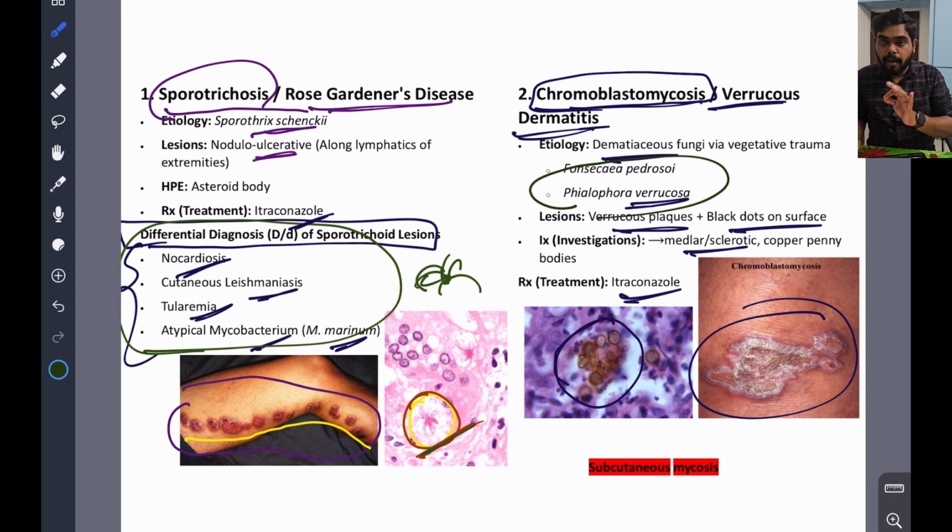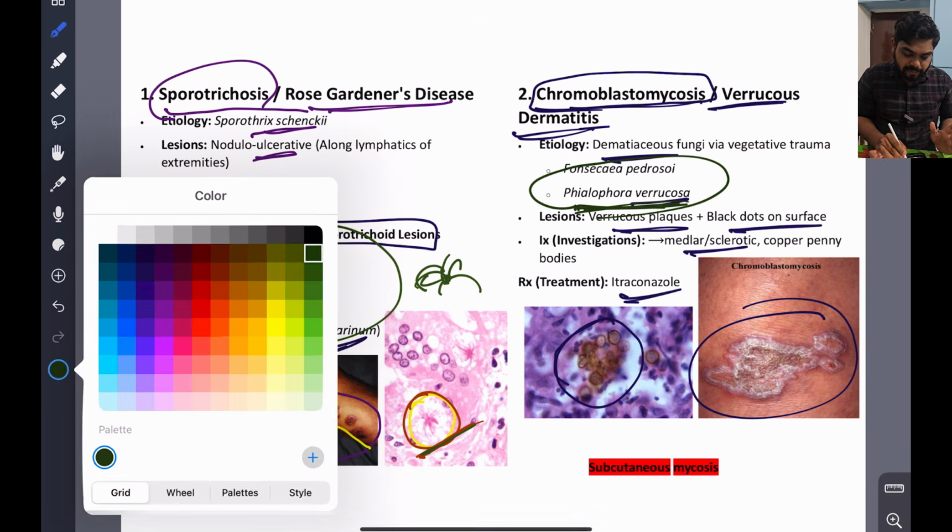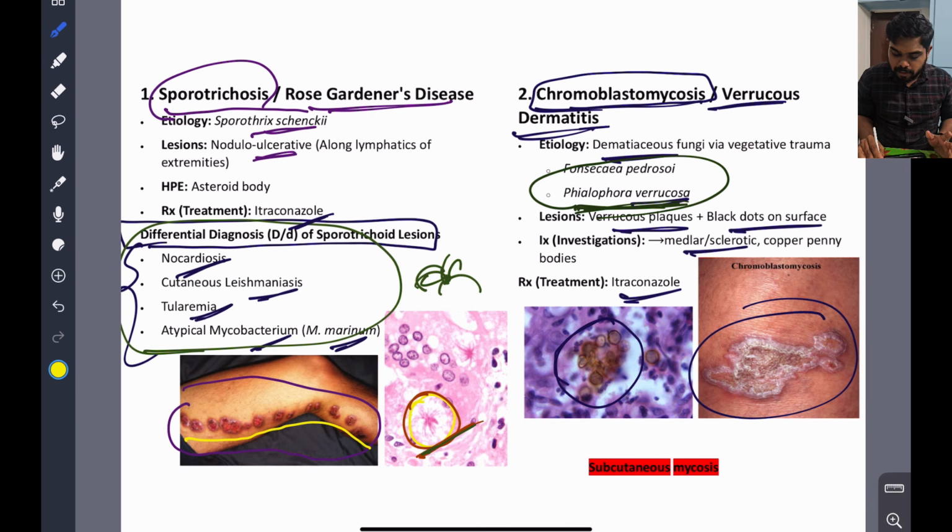Fonsecaea pedrosoi: pedestrians walking get this vegetative trauma and infection. And Phialophora verrucosa: verrucous ulcer. These two terms are very important.